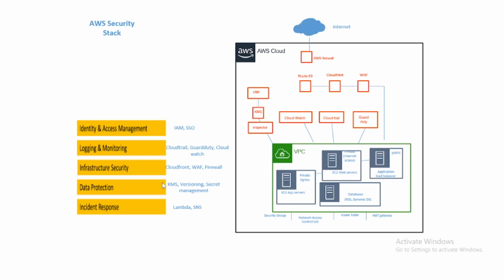And then secret management, obviously, managing your secrets, your authentication, your passwords, your APIs authenticating to different applications. You want that to be managed somewhere. So secret management, and for incident response, obviously we've got Lambda functions that say, hey, if something happens, trigger this. If something happens, auto scale.